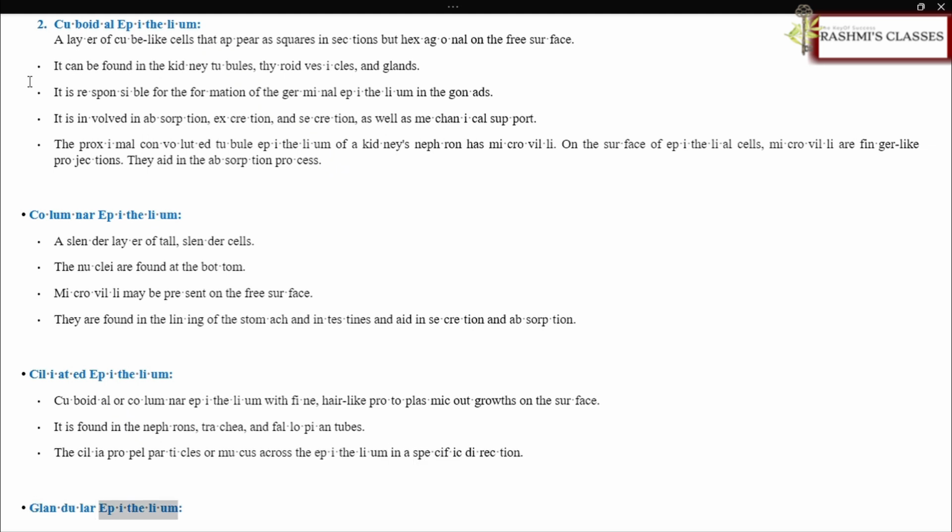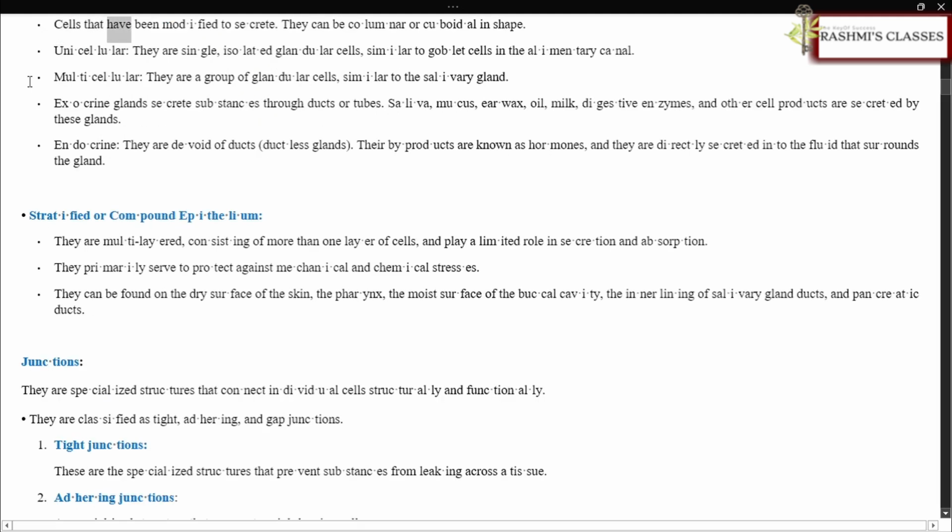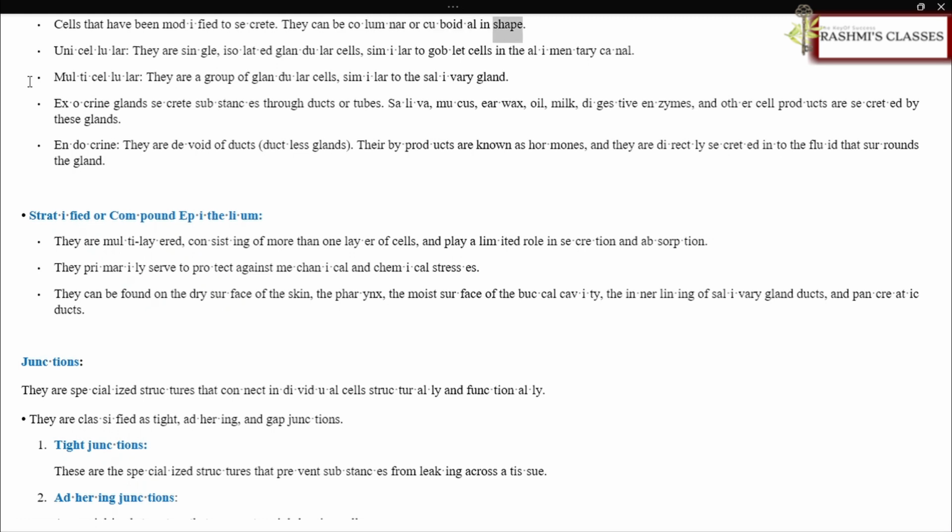Glandular epithelium: cells that have been modified to secrete. They can be columnar or cuboidal in shape. Unicellular: they are single, isolated glandular cells, similar to goblet cells in the alimentary canal. Multicellular: they are a group of glandular cells, similar to the salivary gland.